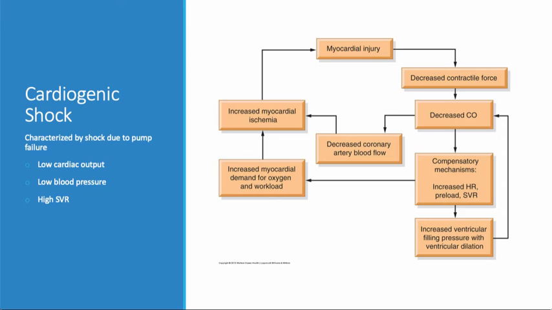And then the body kicks in and stimulates the renin-angiotensin-aldosterone system, and also the sympathetic nervous system to increase the heart rate, the preload, the resistance, all those things, which, by the way, increases myocardial demand and oxygen consumption. And all of those things go to increase myocardial ischemia, which further injures it, and this is a vicious cycle.